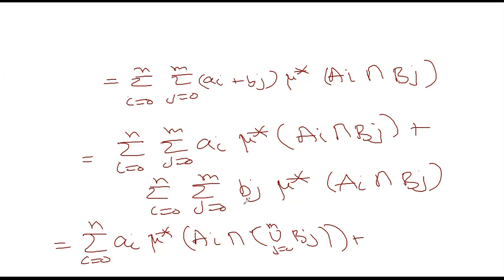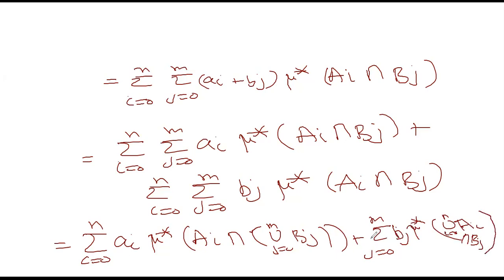I will write this summation j runs from 0 to m as it is, b_j, and this summation i runs from 0 to n can be written as mu star of the union i runs from 0 to n of a_i intersection b_j.